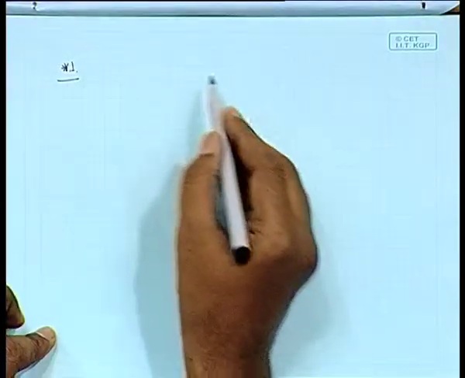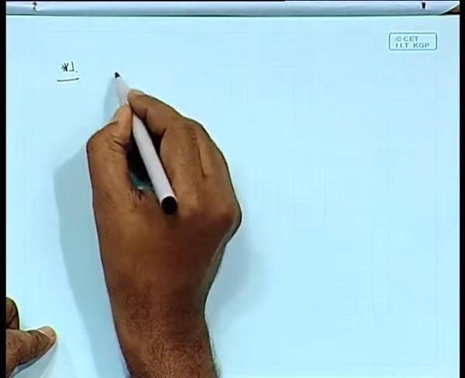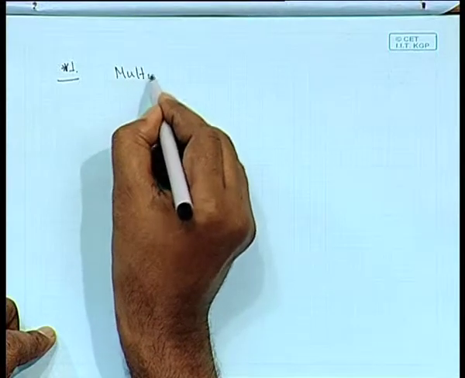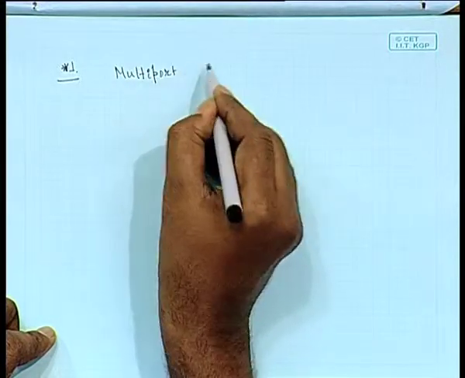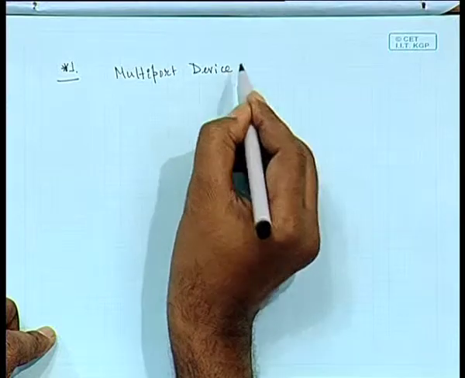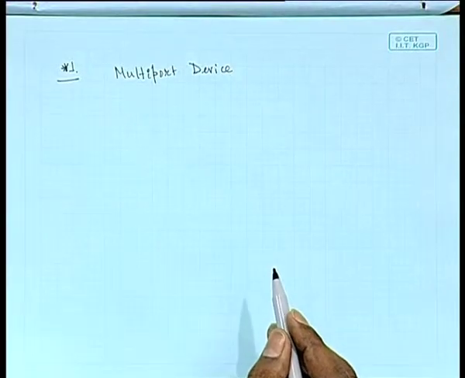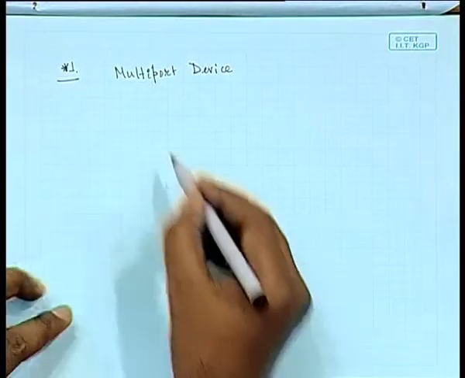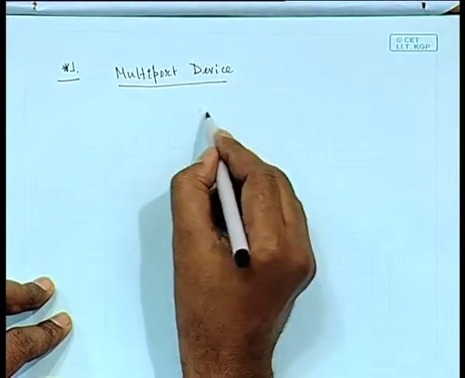The first problem is an example problem. You have a multi-port system, a multi-port device. In a multi-port device, there are a number of inlet ports and a number of outlet ports. Suppose you have something like this.